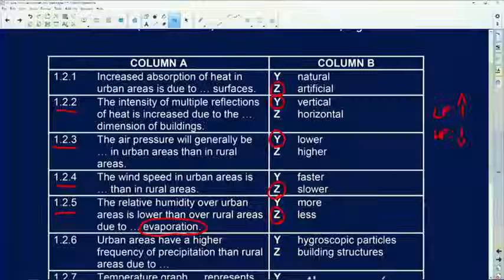There are more plants, more vegetation. Urban areas are a concrete jungle, right? There's less moisture in the air because it's artificial. The air is dry. Think of the amount of pollution being created as well. So definitely less evaporation is going to take place in our urban areas than our rural areas.